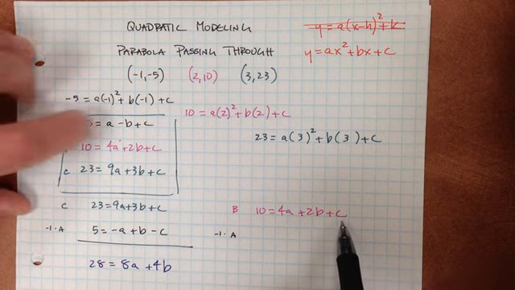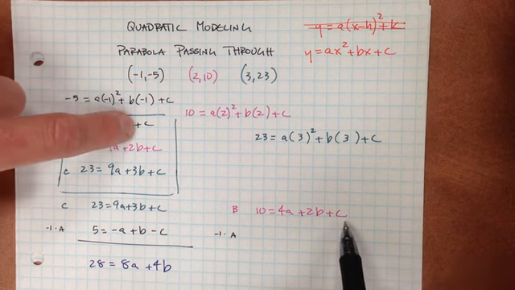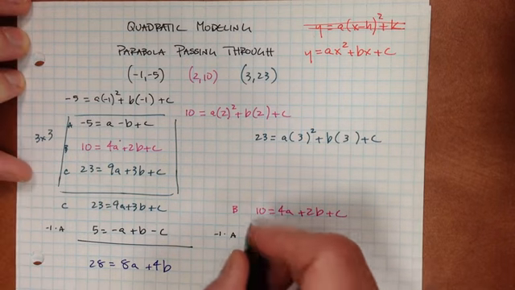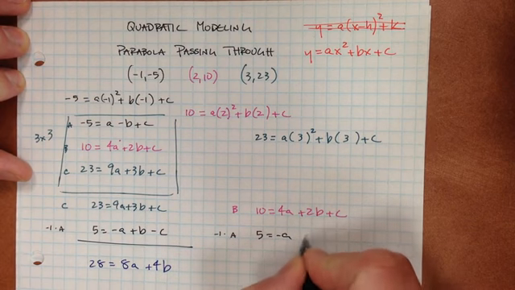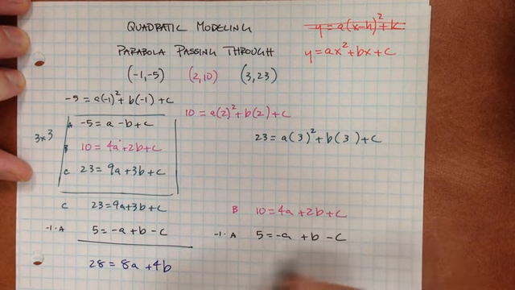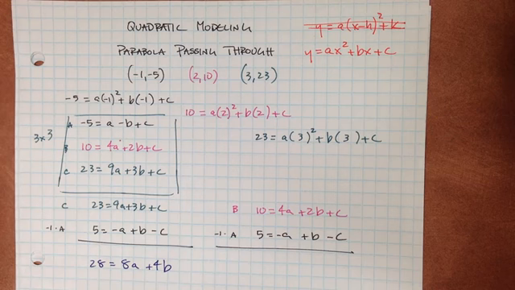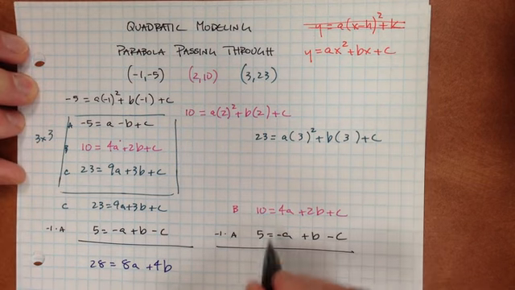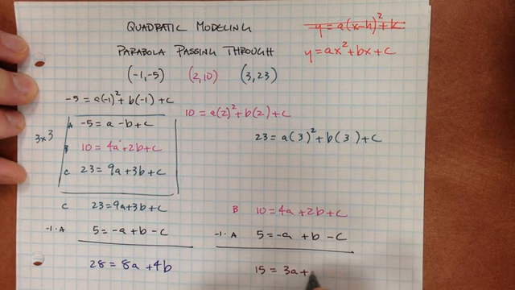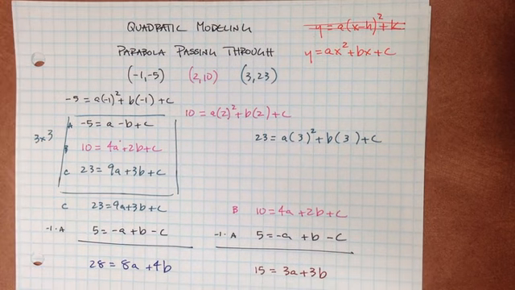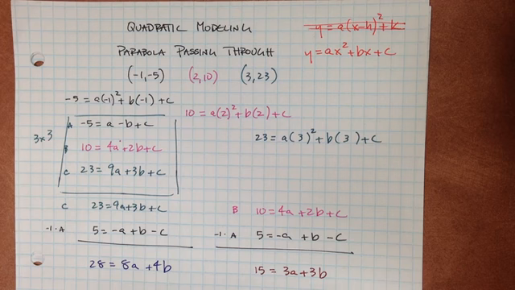That way this c value will cancel with that c value as it is negative. So I'm changing all my signs. I will end up with 5 equals -a plus b minus c. And when I put those together, I end up with 15 equals 3a plus 3b. That is now my 2x2 system.